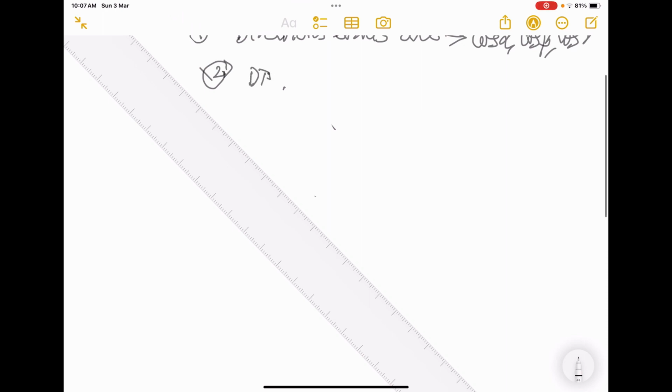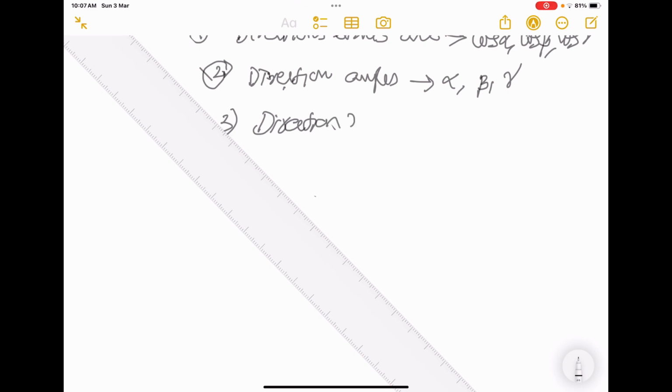Direction angles are alpha, beta, gamma. Direction ratios, DRs, are denoted by a, b, c.